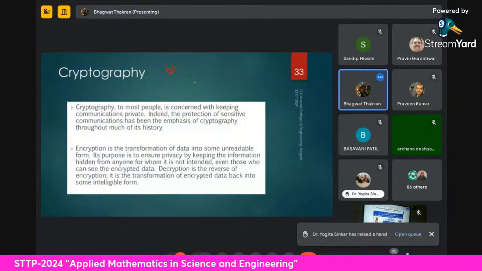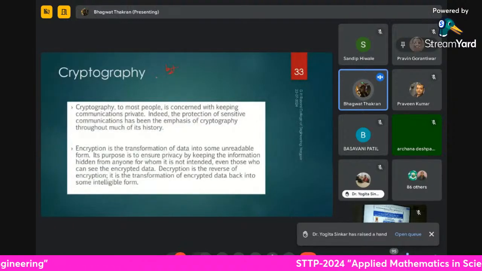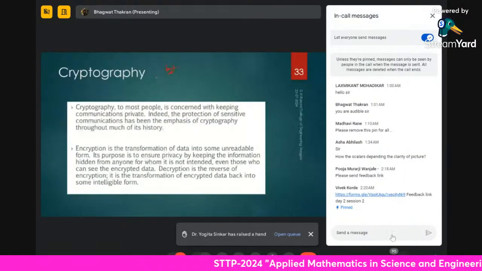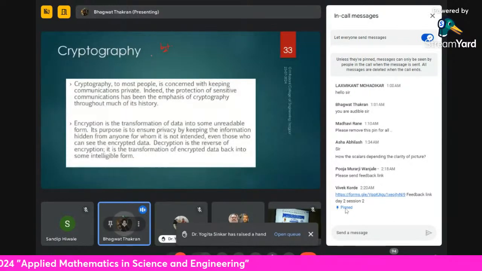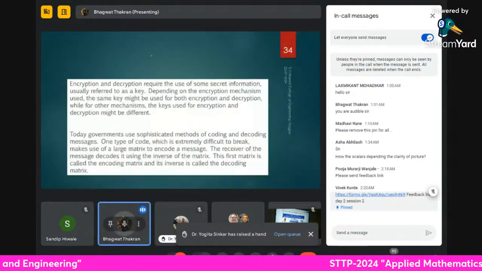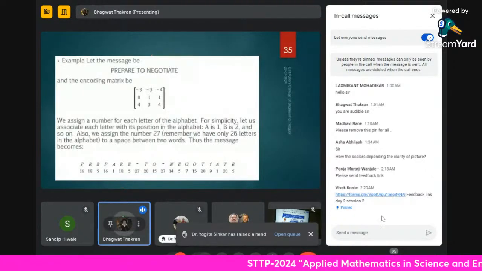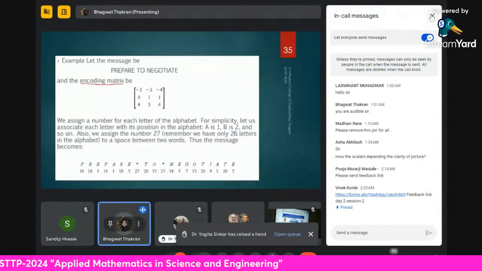Cryptography is also basically sending coded messages, but all this coding requires a decryption, such that we have to provide an encoding matrix.